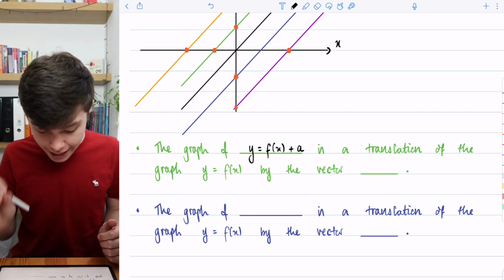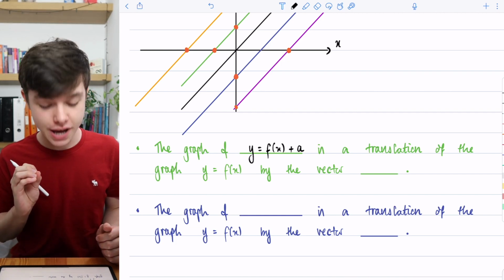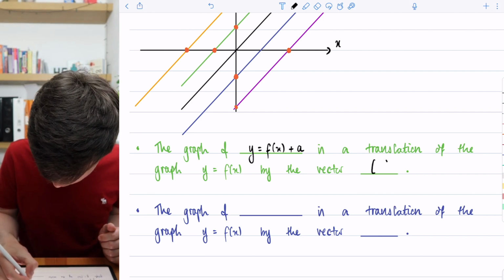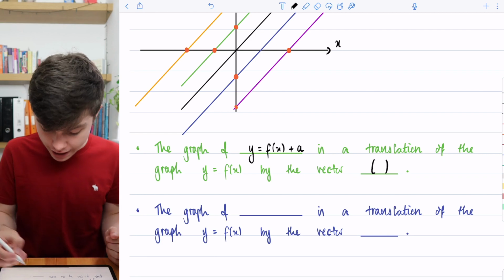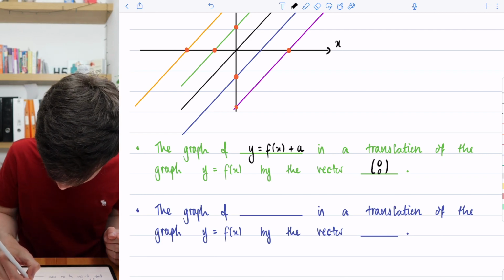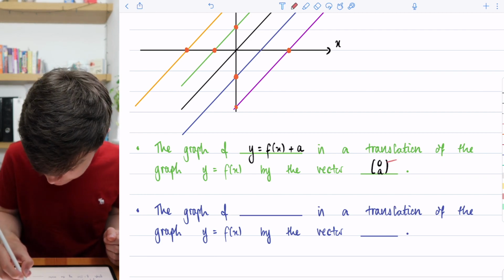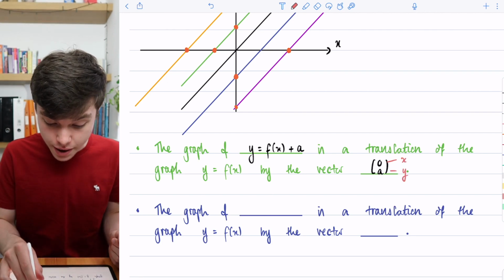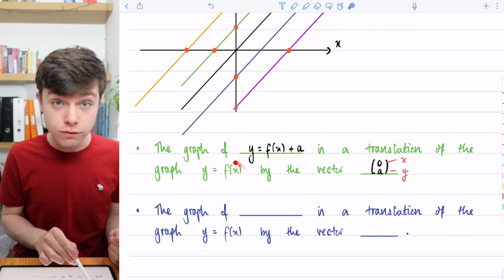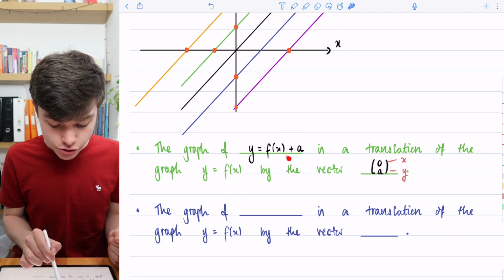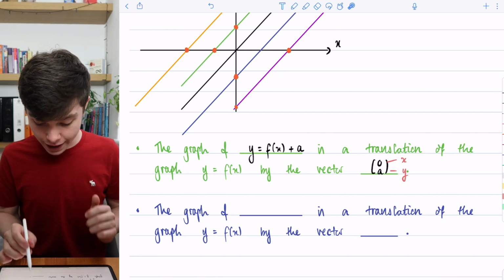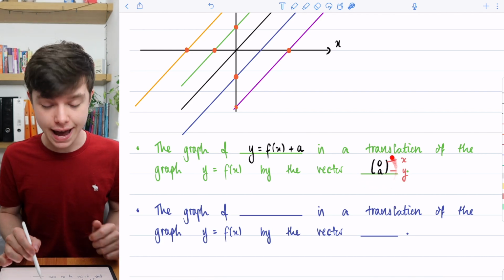That is a translation of the graph y equals f of x by the vector, and you should be used to vectors looking like that with two brackets, 0, a, okay, where this is x and this is y. Okay, so if we have a graph y equals f of x and we add something to that graph, what we do is we move that graph by this vector.